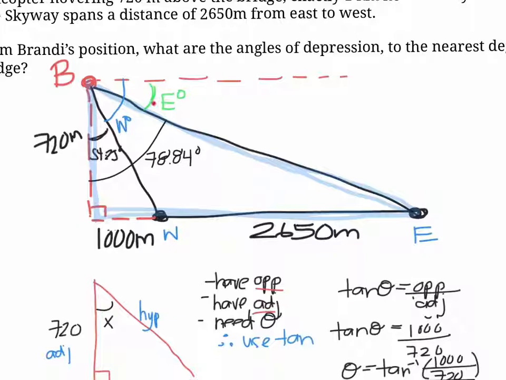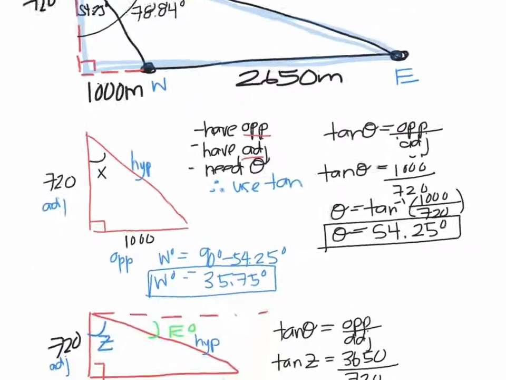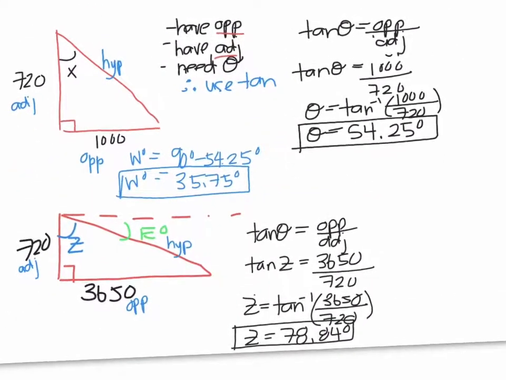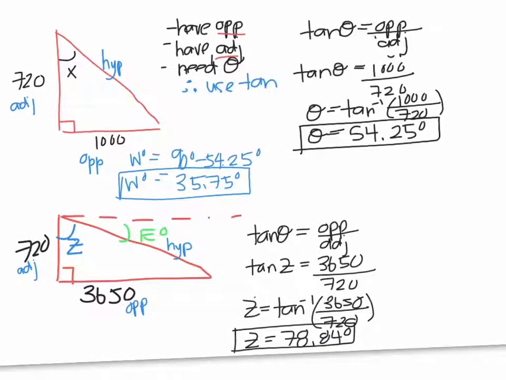So now we can find angle E by just taking 90 take away this one, and we'll be left with E. So let's do that final step. Our angle E is going to be 90 degrees take away what we just found, which is 78.84 degrees. And we get approximately 11.16 degrees.